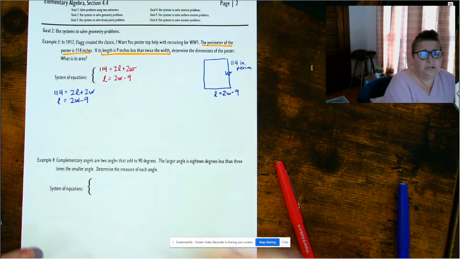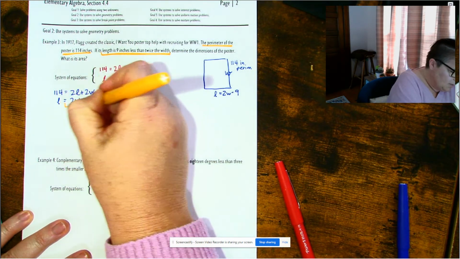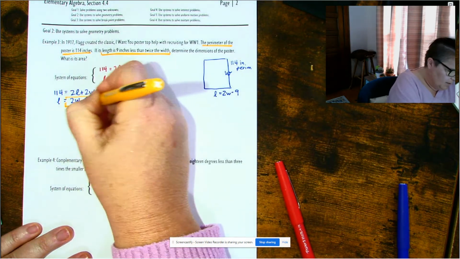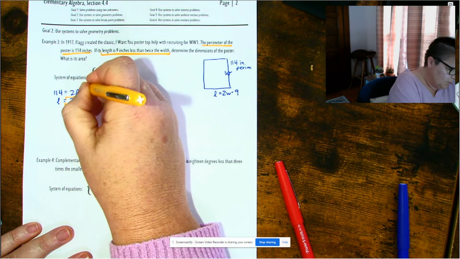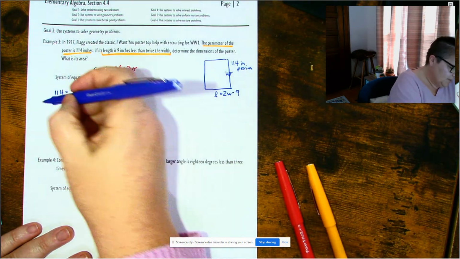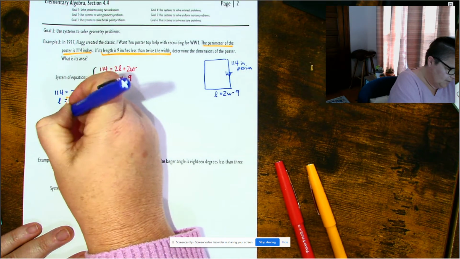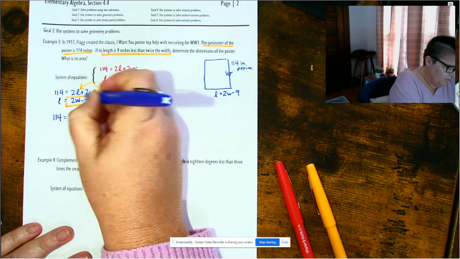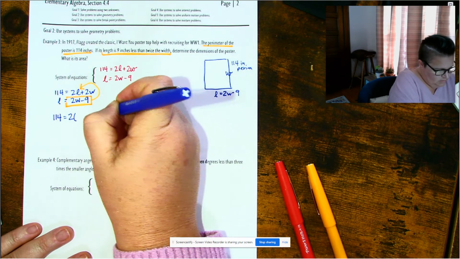Looking at these two equations, I do notice that the second equation is already solved for L. It's already there and it's known. So I'm just going to put that in using substitution. So that's going to give me 114 is equal to 2 times the value of L, whatever's in that box, plus 2W.